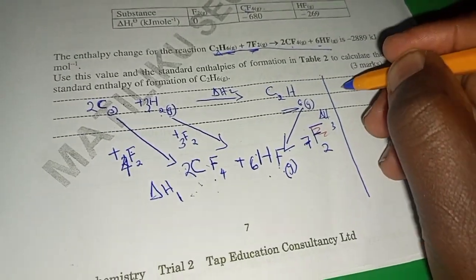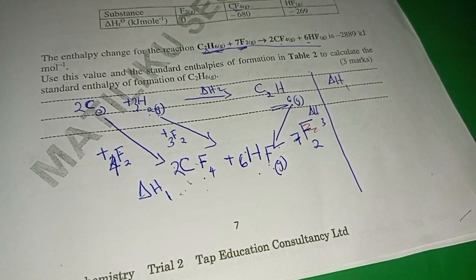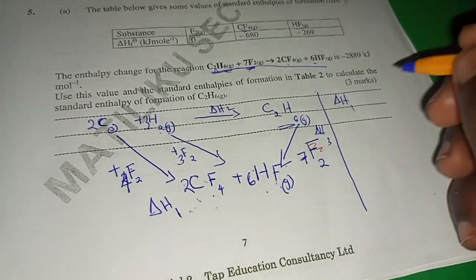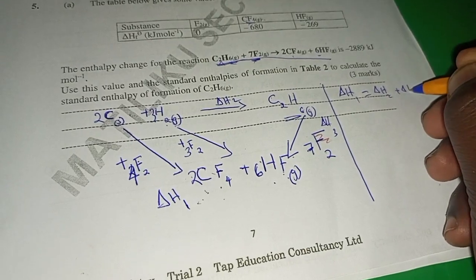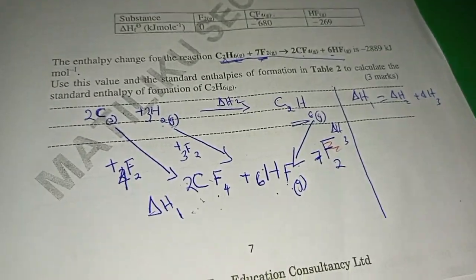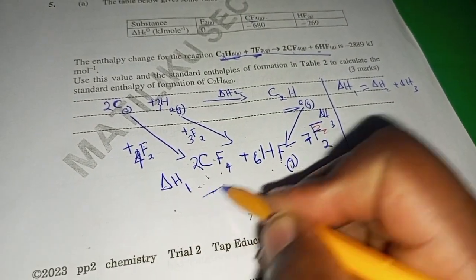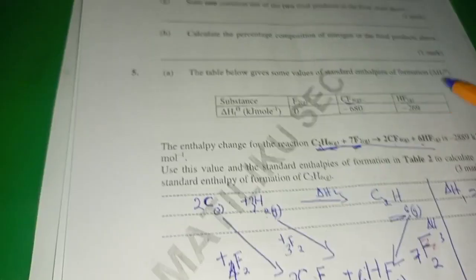So we say enthalpy 1 is equal to enthalpy 2 plus enthalpy 3. So let's calculate our enthalpy 1. Our enthalpy 1 is this one.